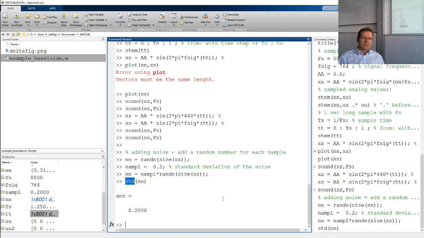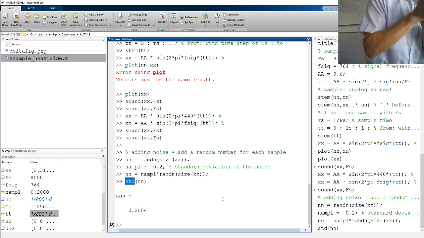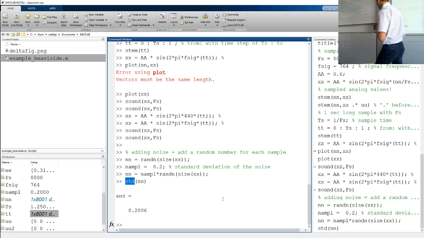All right. My question is now, what would be the signal to noise ratio of this signal? All right. That was your question. Now the signal to noise ratio is defined.